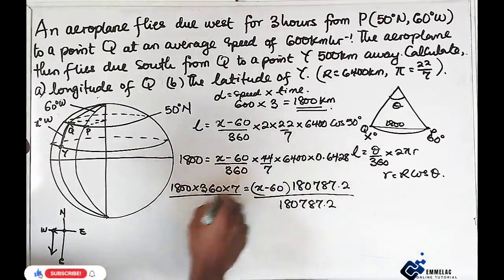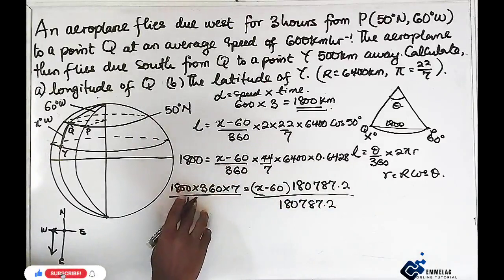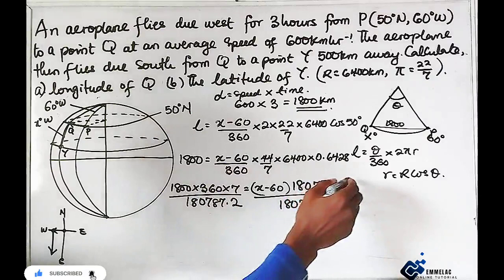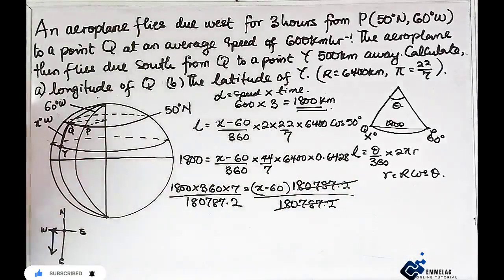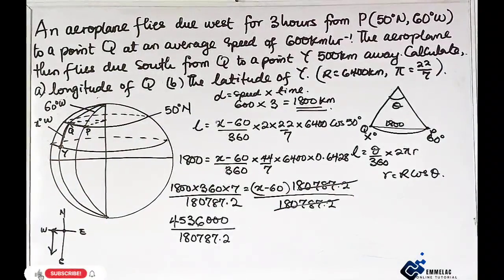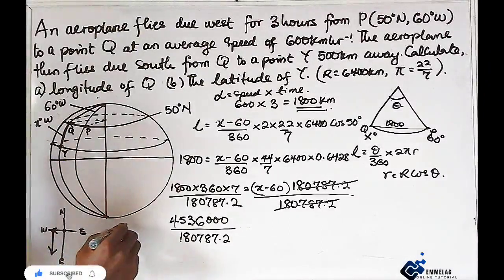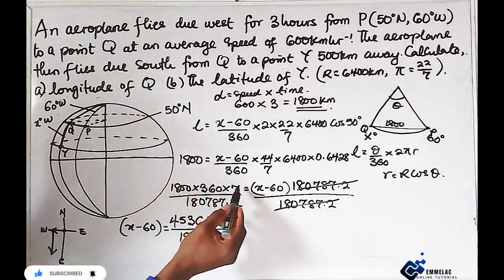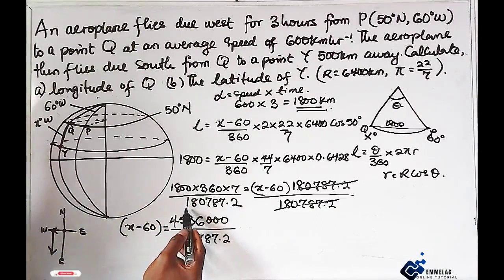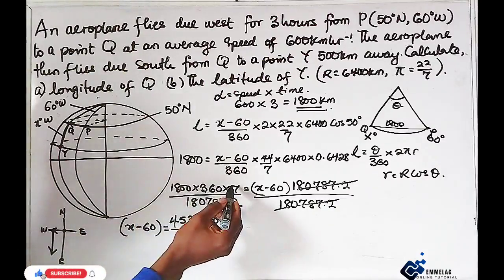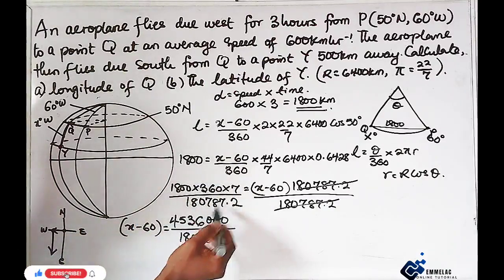All right, now since we are finding this value here, let us divide both sides by 180,787.2. Now we eliminate this, so our final answer here will be: X minus 60 equals, the product of the numerator is given as this and the denominator.